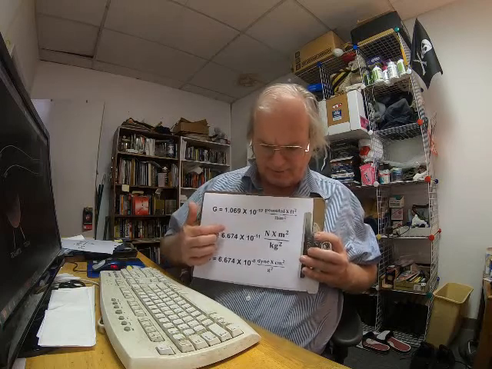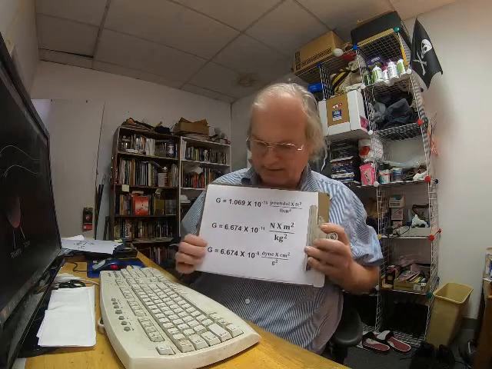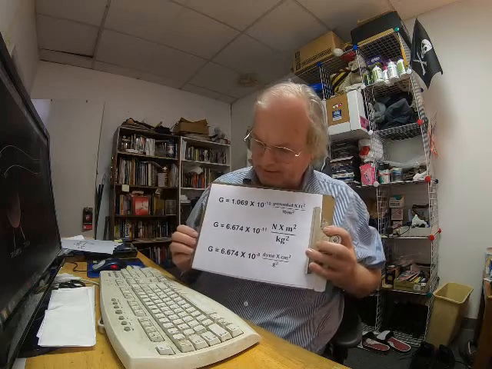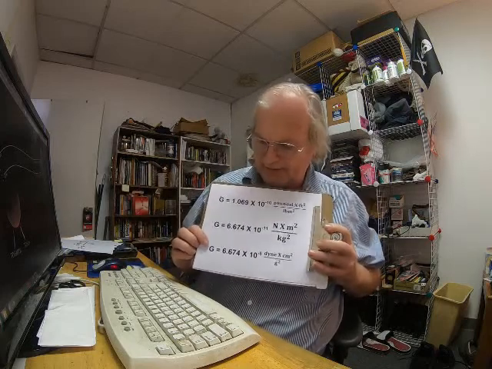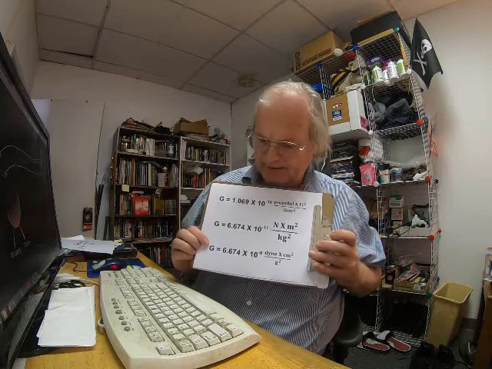And then you see it's equal to 6.674 times 10 to the minus 11 in the meter kilogram second system, MKS system, where the unit of force is the Newton and the unit of mass is the kilogram. And a meter squared there, just like we have foot squared up here. We have a slightly different number, 6.674 times 10 to the minus 8 in the CGS system, where the unit of force is the dyne and the unit of mass is the gram, and of course we have centimeters squared there.